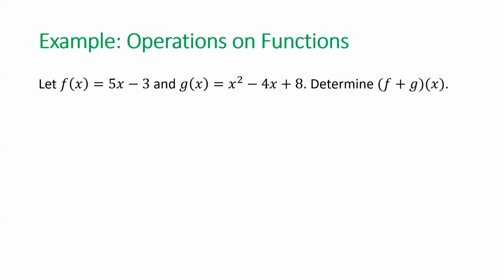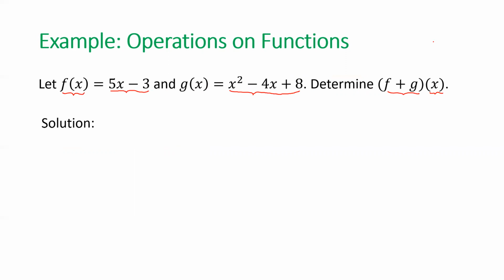So here are some examples on evaluating these operations. For example, if f of x is equal to the function 5x minus 3 and g of x is equal to x squared minus 4x plus 8, let us determine f plus g of x.